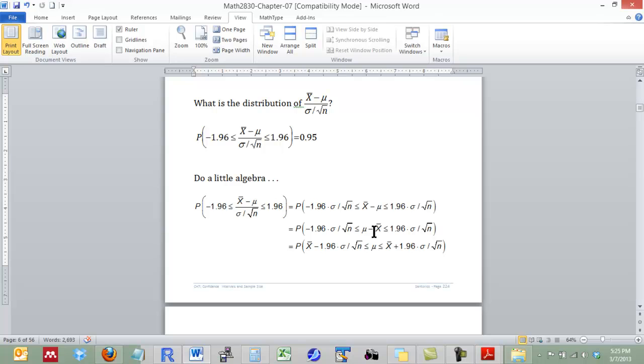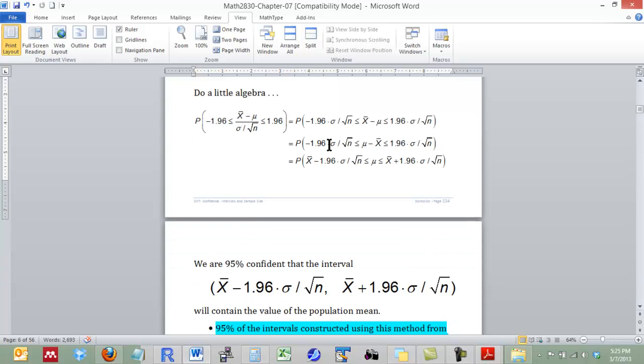And then I'm going to add X bar, and that just leaves mu in the middle. So this says that the probability that this interval, the process, captures mu is going to be 0.95.